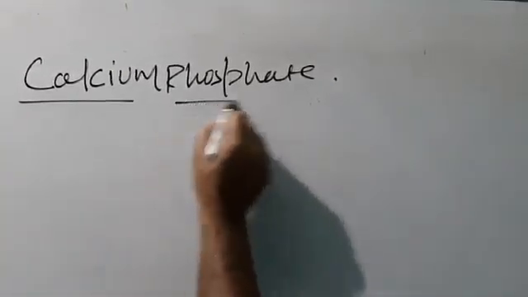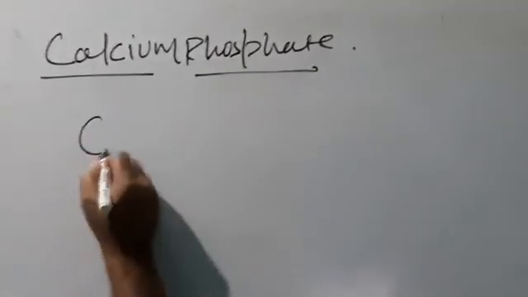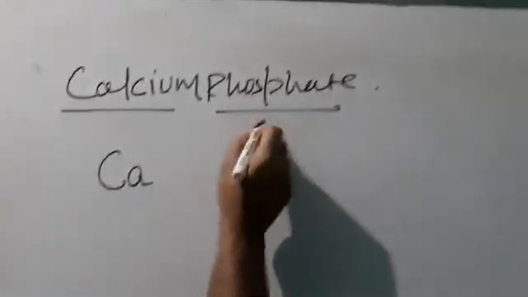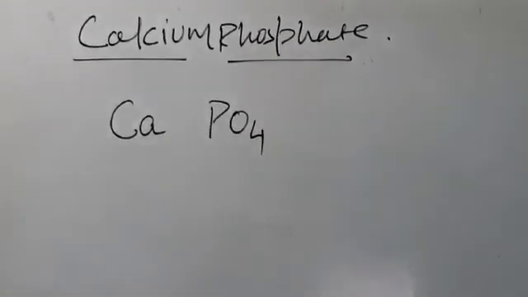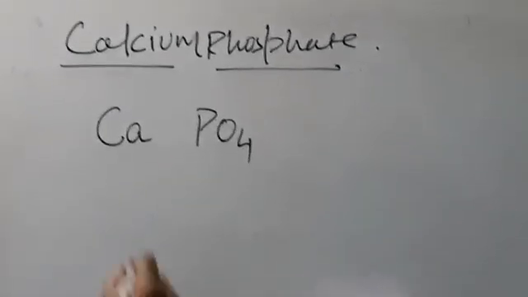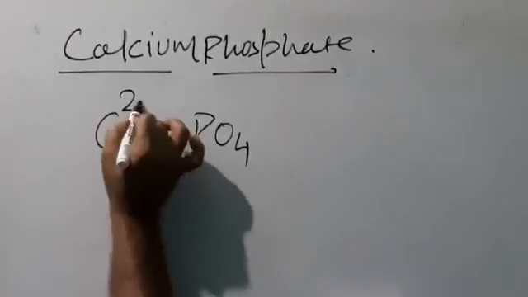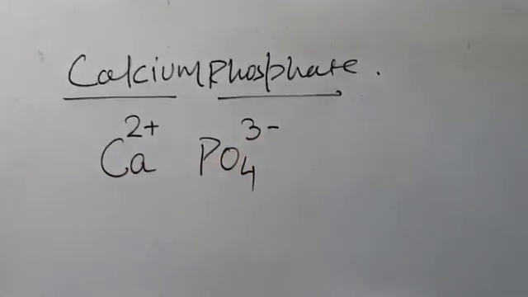One is calcium, another is phosphate. So first you write the symbol of calcium, Ca, and phosphate, PO4. Now the next job is to write their valency. So the valency of calcium is 2 plus and phosphate has 3 minus.